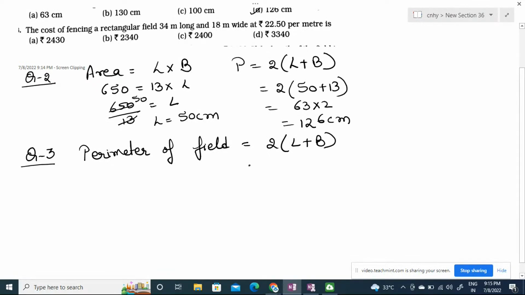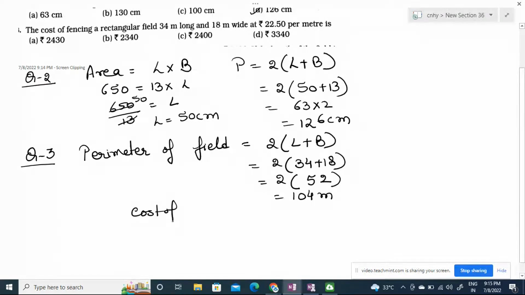That is 2 into 34 plus 18 meters, 2 into 52 meters. 2 into 52 is 104 meters. And the cost is 104 into 22.5.